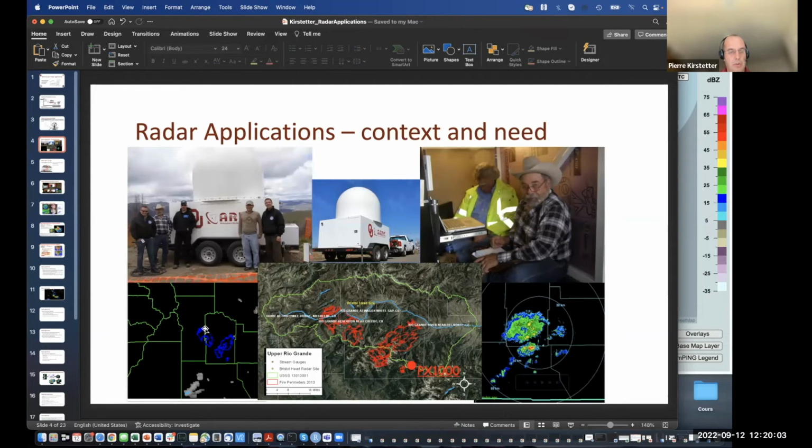In blue, you have the delineation of the burn scars. For the same event, this is what is seen by the operational radars, basically not much going on. But with the mobile radar, we were able to monitor precipitation near the surface and detect activities that could be potentially threatening for the population.